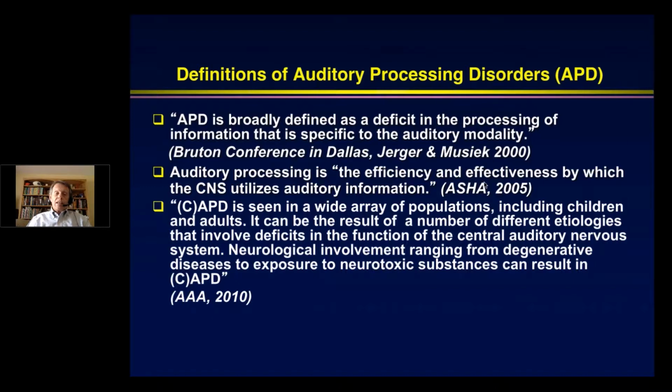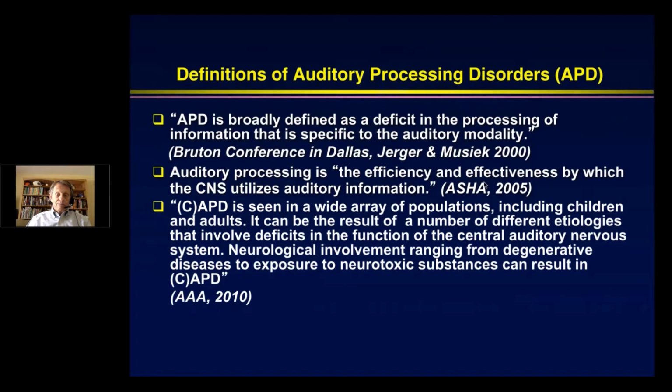Obviously, that child is going to struggle much more than a child with any one of those problems by itself. The same is true for the elderly. In fact, it's not uncommon to encounter a person who has an age-related high-frequency sensory hearing loss, an auditory processing disorder based in the central nervous system, and then also two other problems that may interfere with communication.